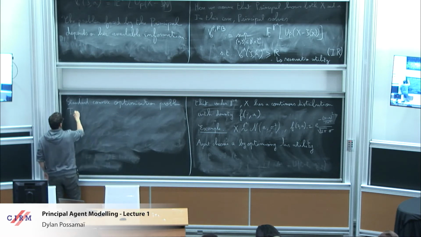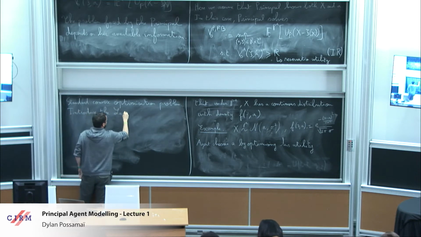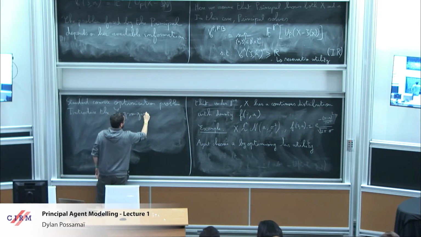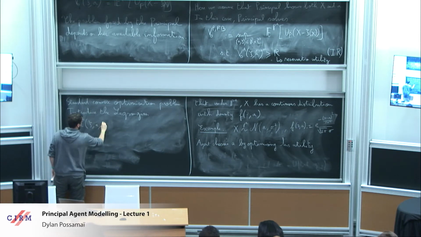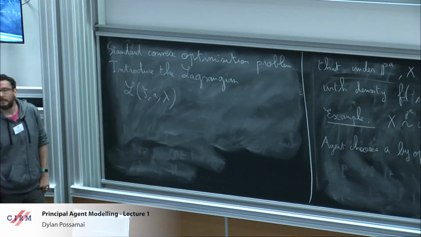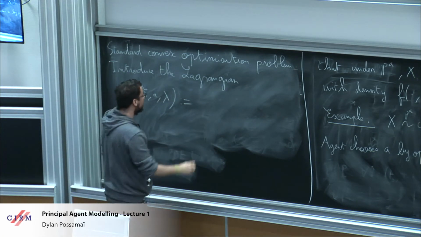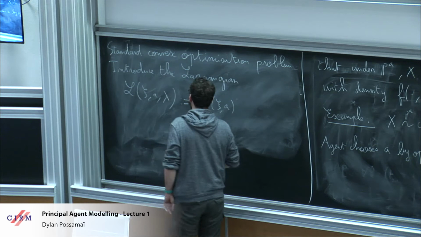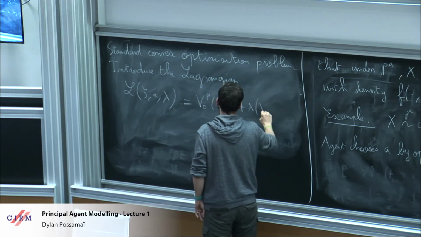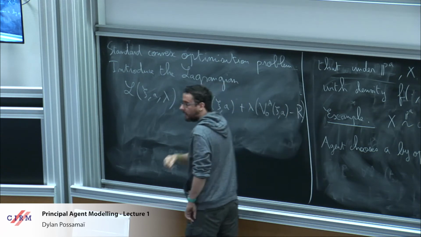So you introduce the Lagrangian here, which would be some L that depends on psi, on A, and some Lagrange multiplier lambda, which is just at this stage, with my notation, V0P of psi and A plus lambda V0A minus R.